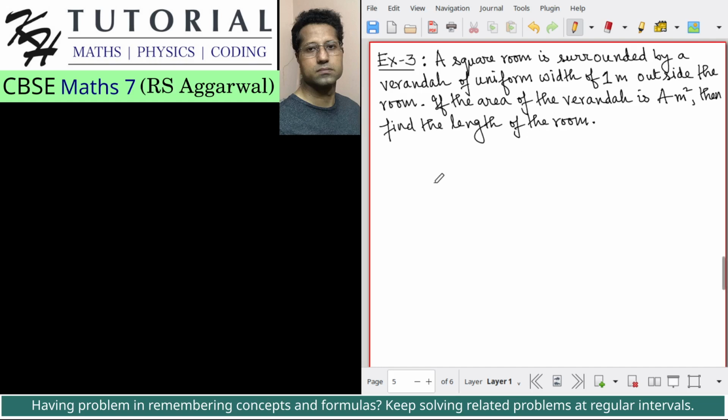Now I am directly applying the formula, even though you must solve the problem from scratch geometrically.